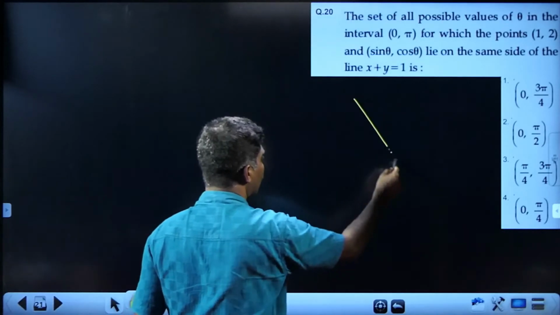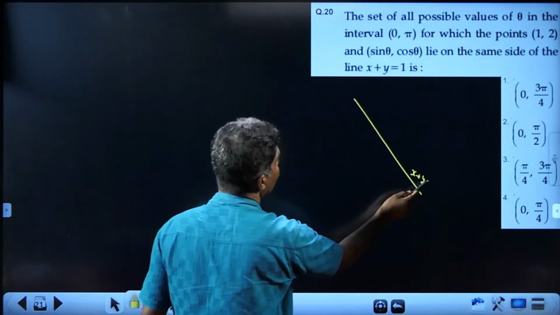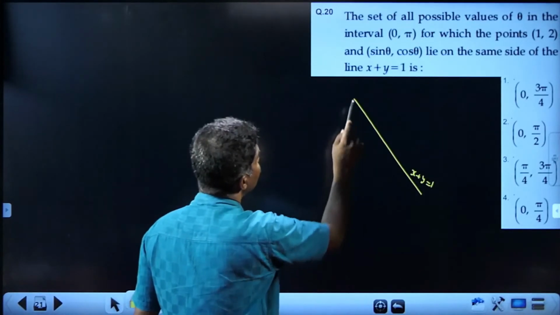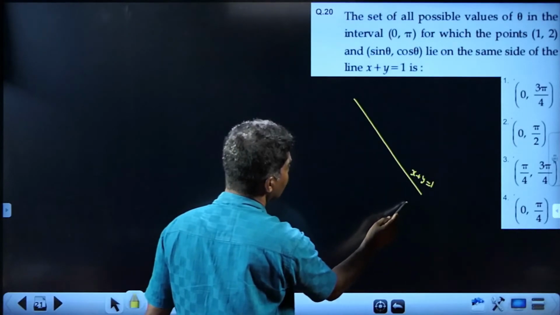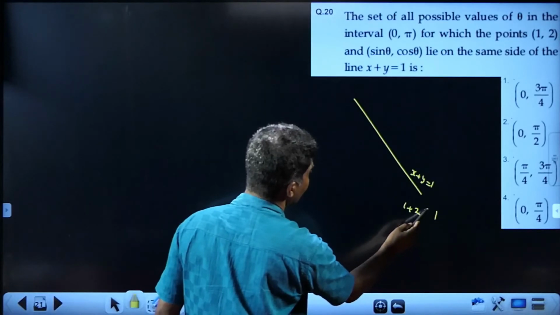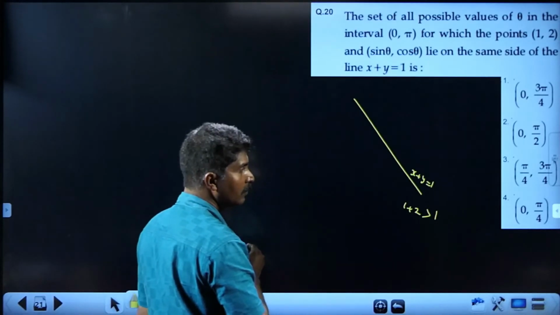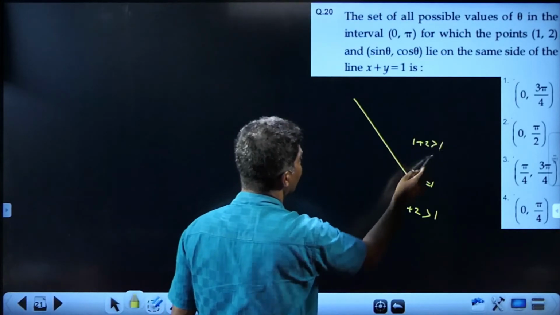The line x plus y is equal to 1. Substituting the point (1, 2), what you can say is 1 plus 2 greater than 1. Okay.